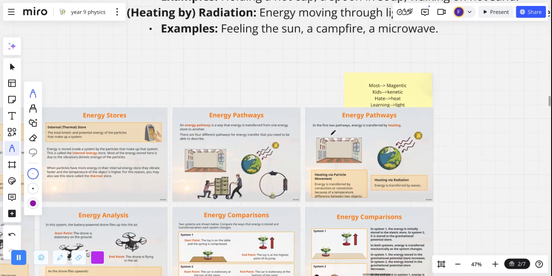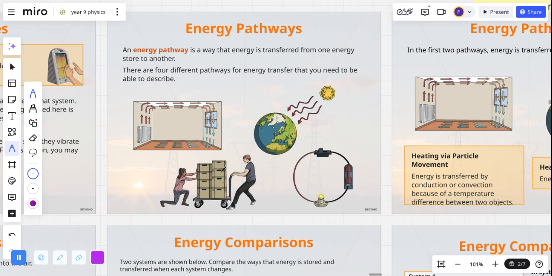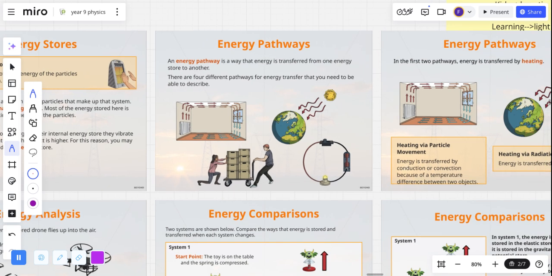Now the energy pathways, as I said, there are three: mechanical, push-pull; electrical, you've got a battery, that's chemical, and a light that emits light, and it's an electrical transfer pathway. We've got heat for your particles, conduction, convection, and then radiation, how the heat gets to us from the sun, because there are no particles between us and the sun, apart from the atmosphere, but it's minuscule.